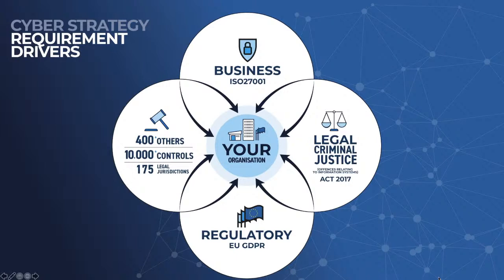So for example, if you're operating right across North America, there's actually over 40 different mandatory breach notification laws there. So there's different things handled in a different way all around the world, and you need to make sure wherever you're operating.